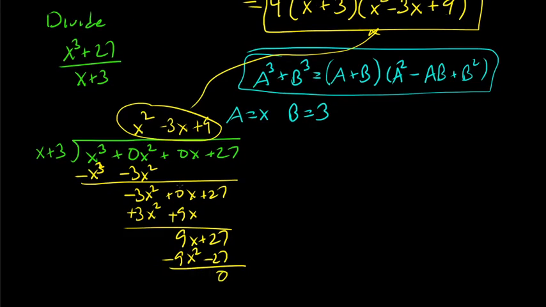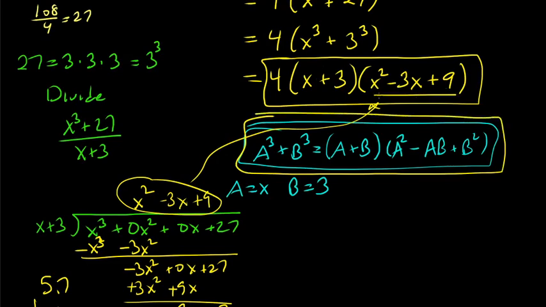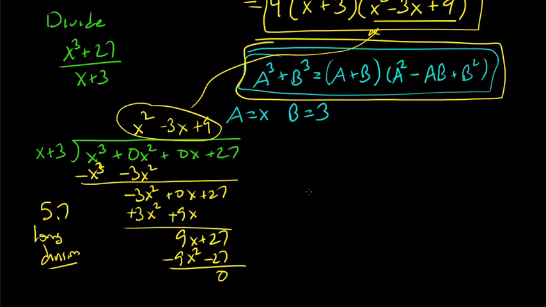All right, so this is a good review of, I believe it's section 5.7. This is just long division. However, if it's all the same to you, I just prefer this. As long as you know this, that gets you the answer without having to go through all this dreadful division here.